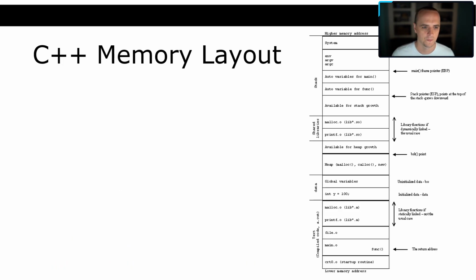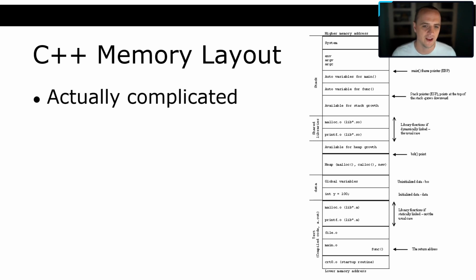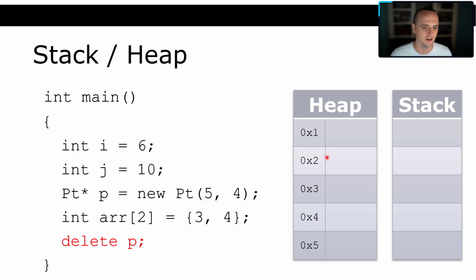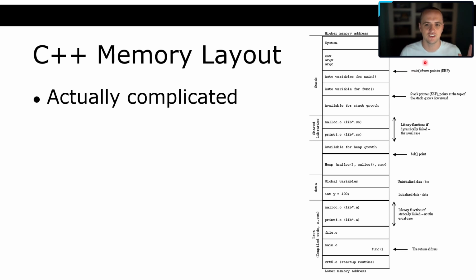Good question. The C++ memory layout, I've simplified it here by just drawing a heap and a stack. The whole point of me showing this was that the stack stored this pointer and the heap stored the data, and the pointer was just the memory address of where the data lives. It's actually quite complicated how the program memory is laid out.